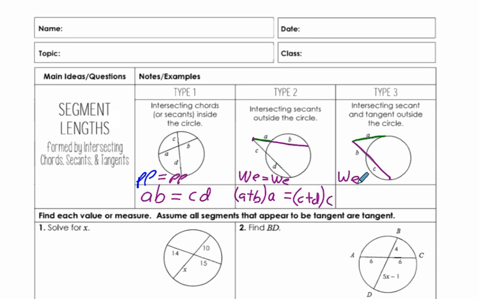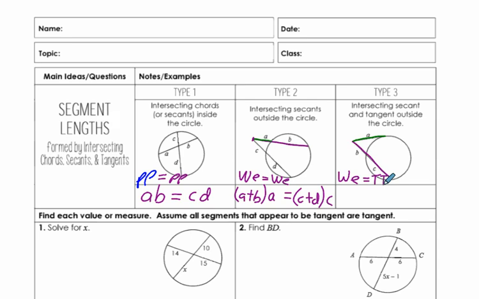If you look at the green line, the A, that's a tangent line. What we do with the tangent line in this case is we square it, or multiply it times itself. So we have the whole times exterior equals the tangent times the tangent, or the tangent squared.